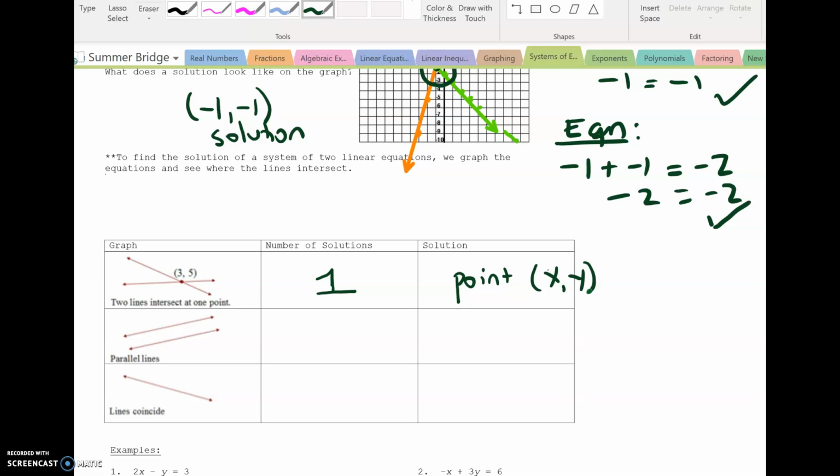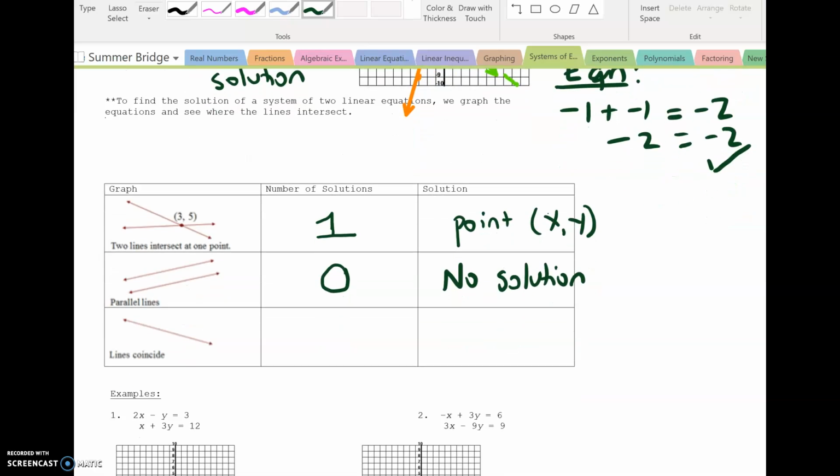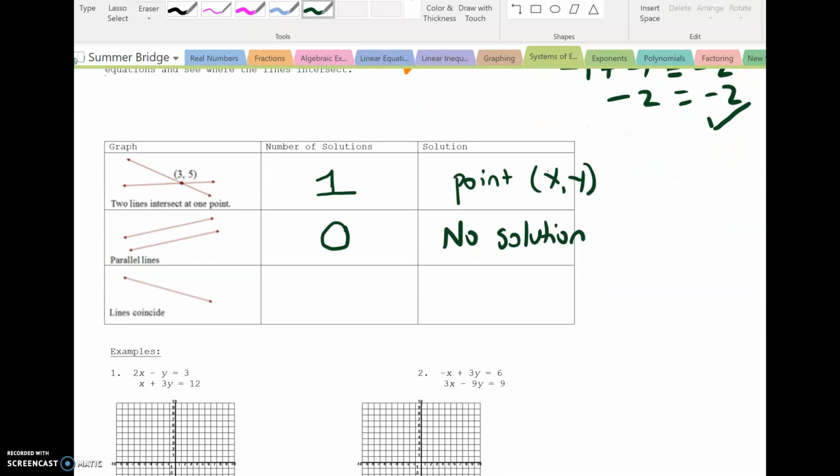Now, another situation that you could have is when your lines are parallel, meaning to say that they do not intersect. In this particular case, you're going to have 0 solutions, and your solution is going to be no solution. The last one is when the lines coincide, meaning to say you graph essentially one line on top of another.